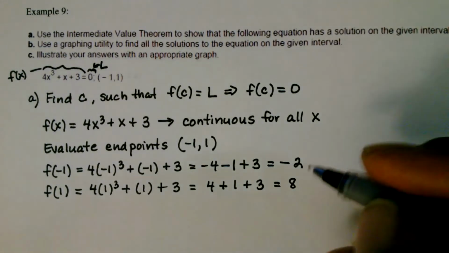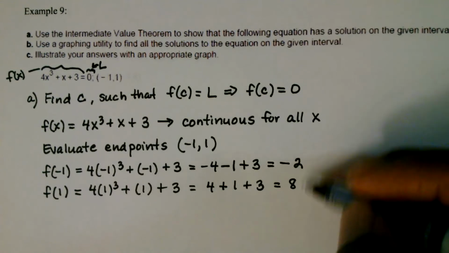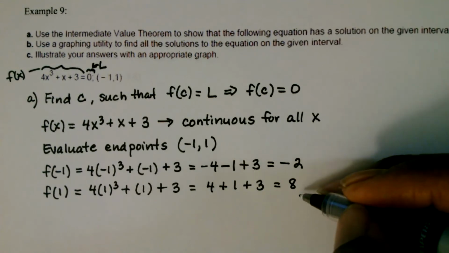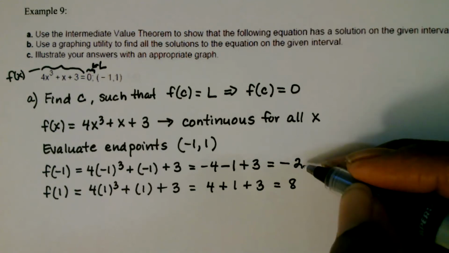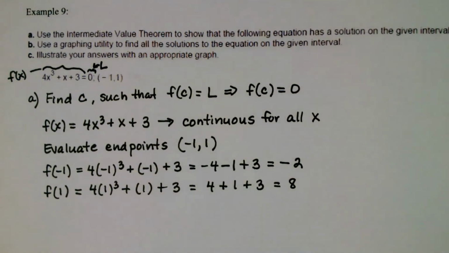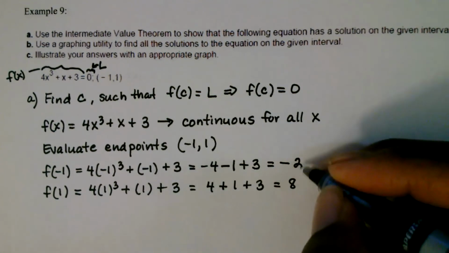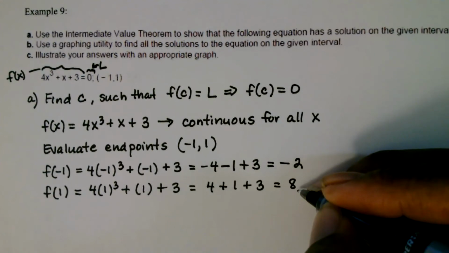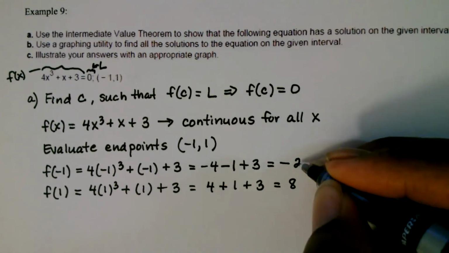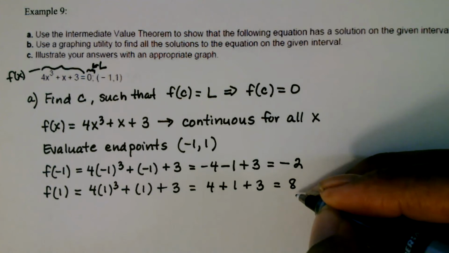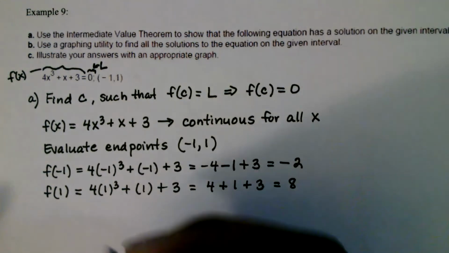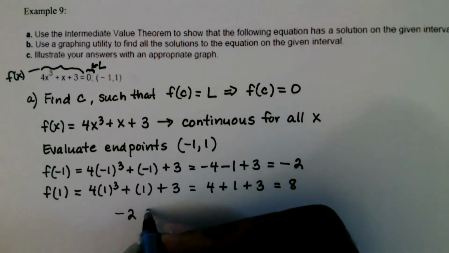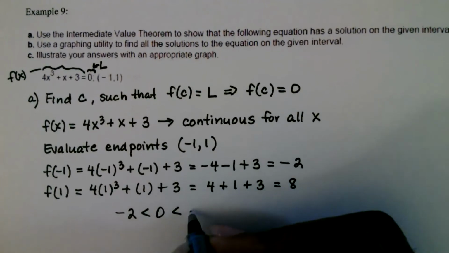Now notice, for my endpoints, I do get values with different signs. One's negative, the other one is positive, which means that there is a 0 in between. From -2 to 8, there is a 0 somewhere. So -2 is less than 0 and less than 8.